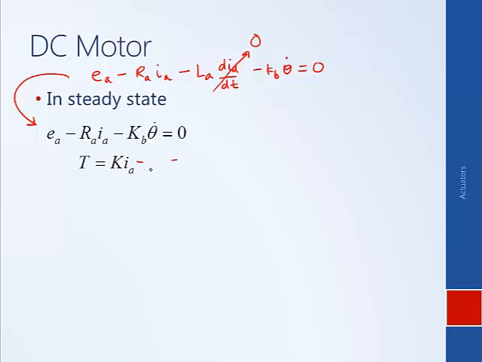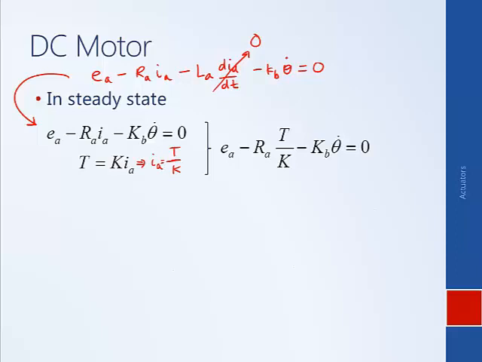If we solve for the armature current, we get that it's equal to T divided by K. And if we take that expression and substitute it into the first equation, we get the following.